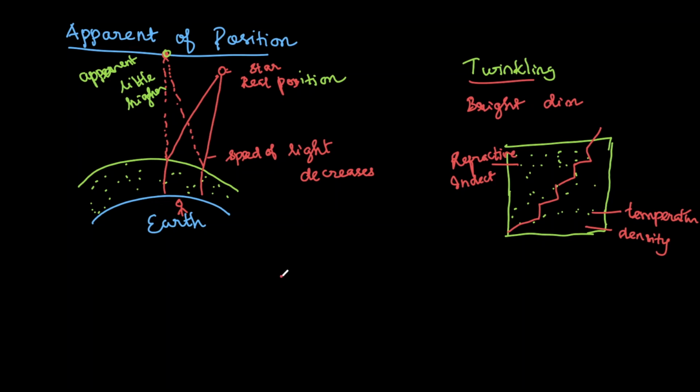But if you are seeing a planet, we are not seeing the twinkling effect because it is larger in size. Planets are closer to us, so they are larger in size. So there will be a number of smaller point-sized spots like this.